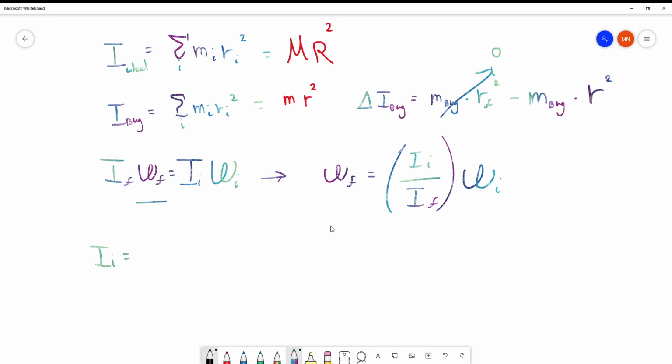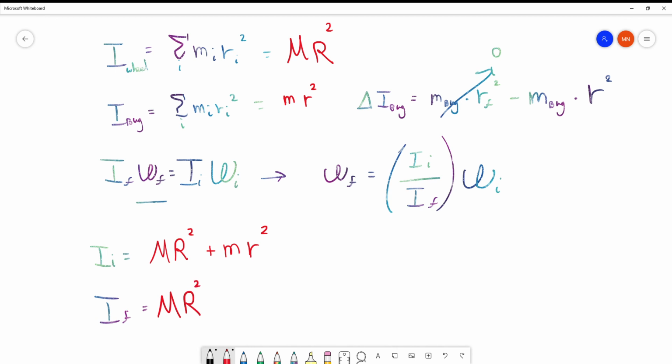I'll go ahead and write it: our initial moment of inertia is MR squared plus little m little r squared. And how about our final moment of inertia? The bug's contribution goes away, so all we have left is just MR squared.